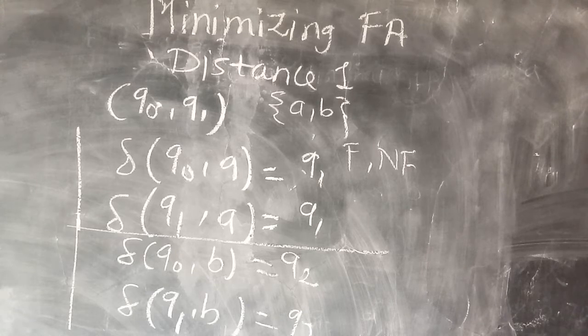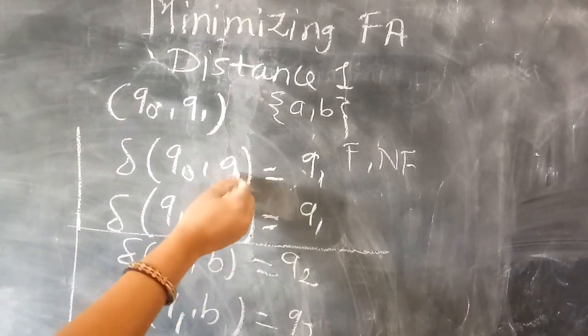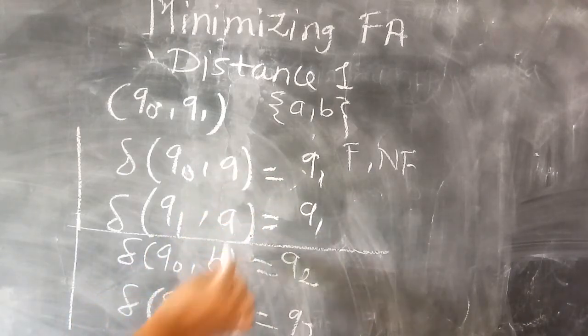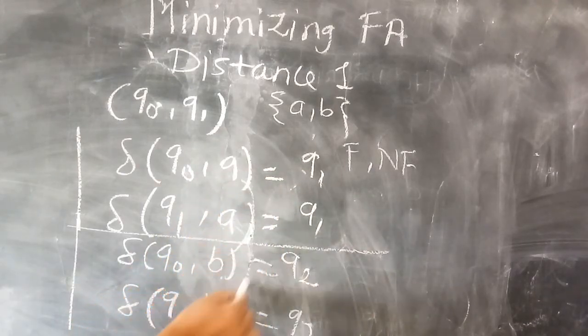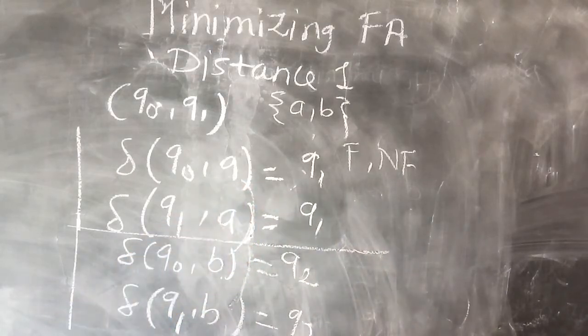Means you have to find the output coming from both states, final and non-final, on the same input, either for A or B. You don't have permission to take the input like AB, AB. You have to calculate it for only A or for only B.